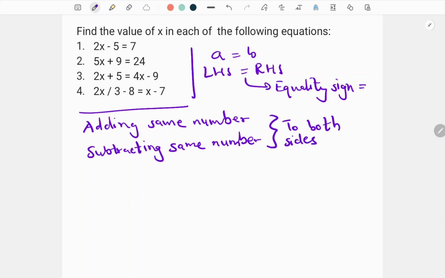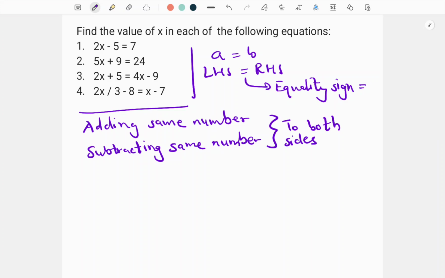There are more operations, but let's first talk about these first two. If I add the same number to both sides of the equation, or even the same variable, so if I add 10 to both sides, left hand side and right hand side, or if I subtract the same number or same variable, if I subtract x from both sides of the equation, then the equality does not change.